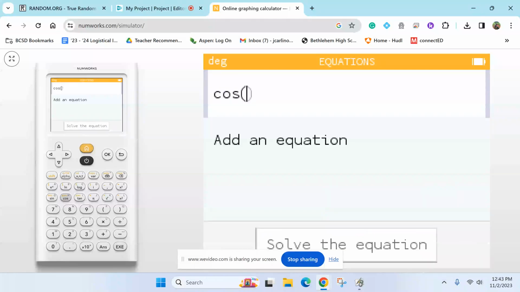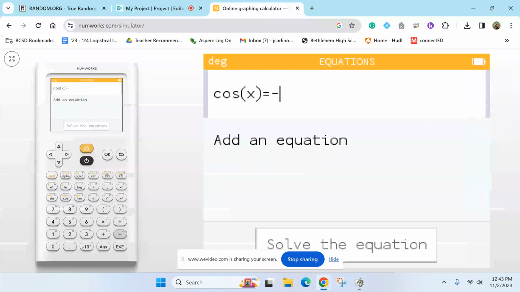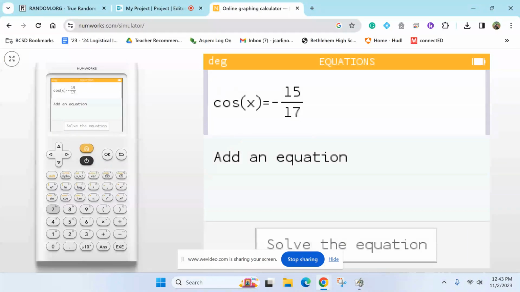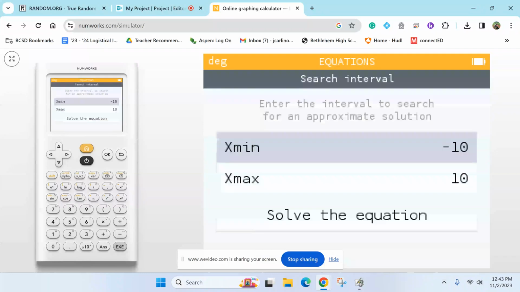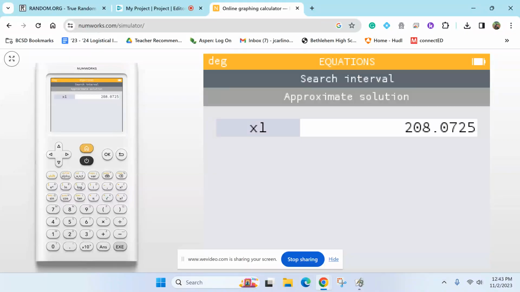So cosine x, because I don't have a theta here, equals negative 15 over 17. Enter. It's going to ask me for an interval. What interval do I want here? I'm in the third quadrant. 180 to 270. There it is, 208.